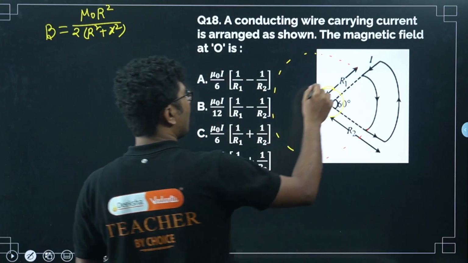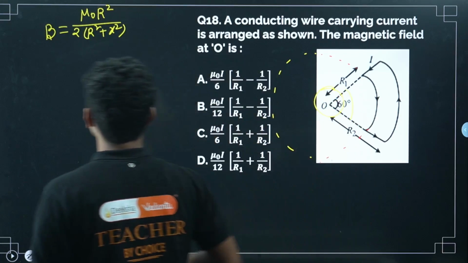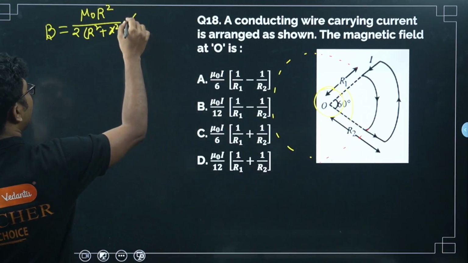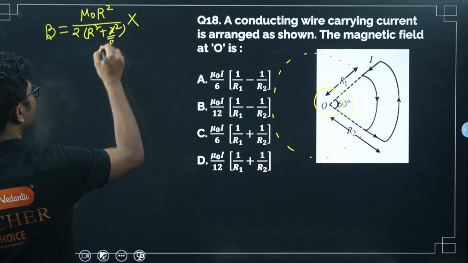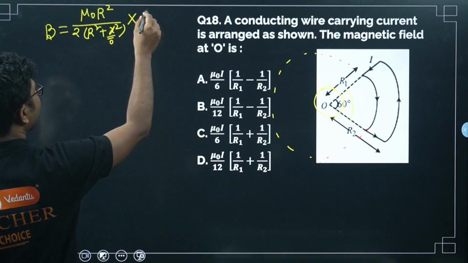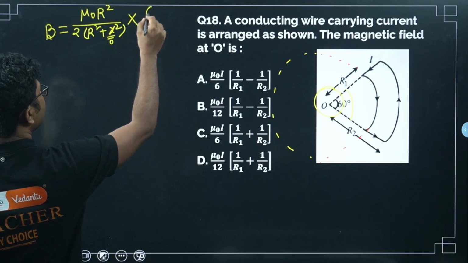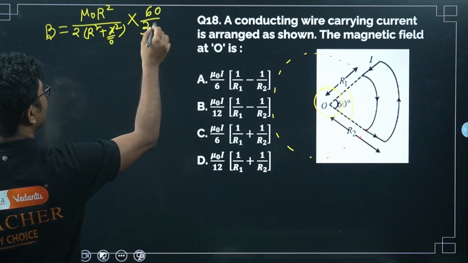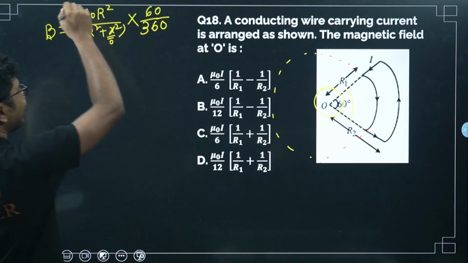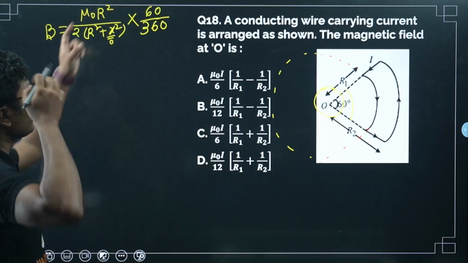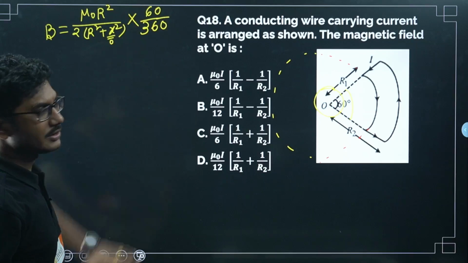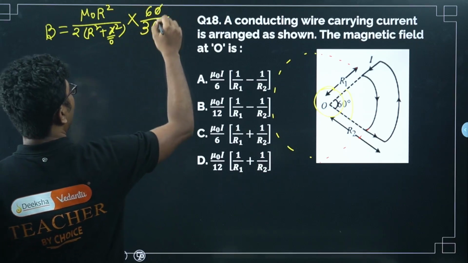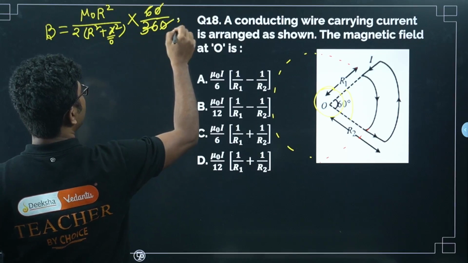Now for a 60 degree angle, what will be the field? Here also x should be equal to 0, and this should be multiplied by 60 by 360. For 360 degrees this is the magnetic field; for 60 degrees only, it will be 60 by 360, so basically it is 1/6.